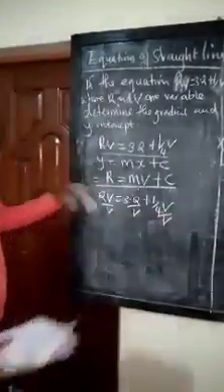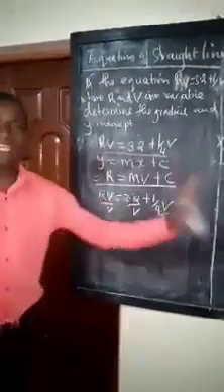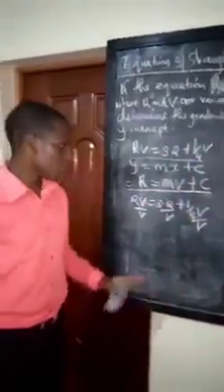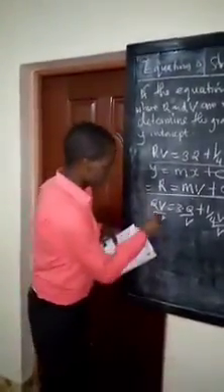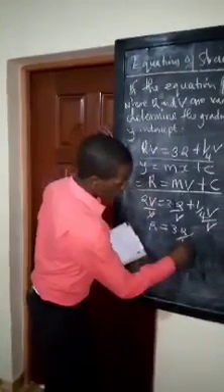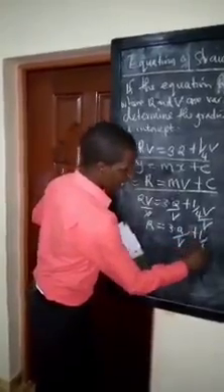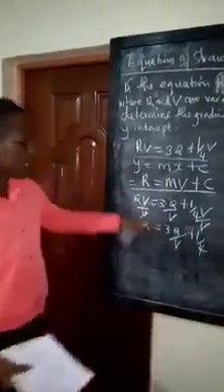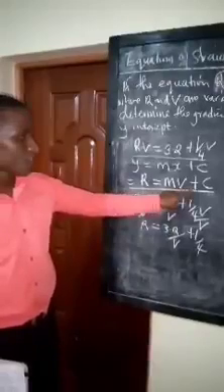Whatever you do to the left hand side, you do to the right hand side. So we are left with r equals 3.2 over v plus a quarter. Our equation is already in the form of r equals mv plus c.